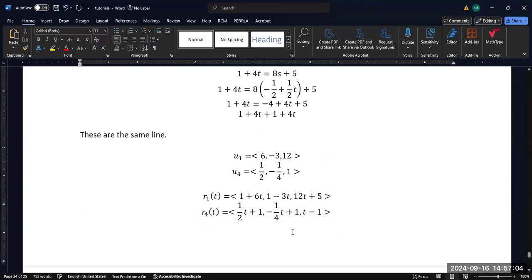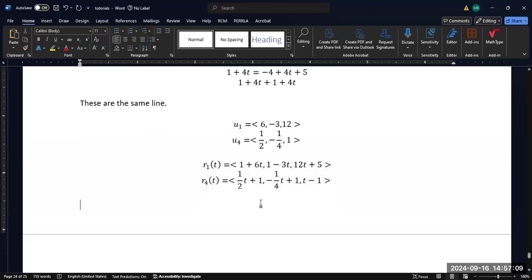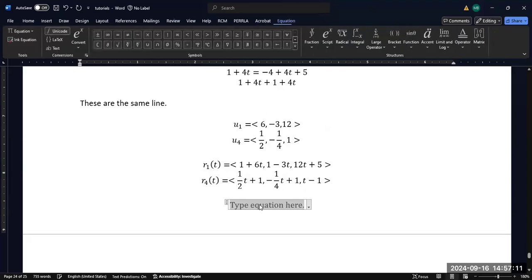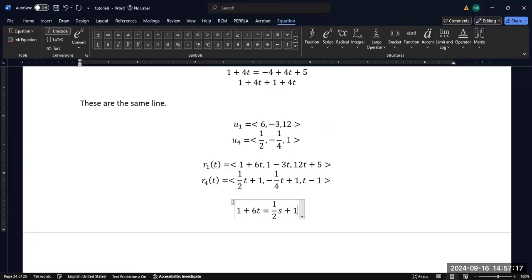All right, so let's try this process one more time. So I'm going to set my two components equal to each other. 1 plus 6t is equal to 1/2 s plus 1. I'm going to multiply everything by 2 to get rid of that fraction.